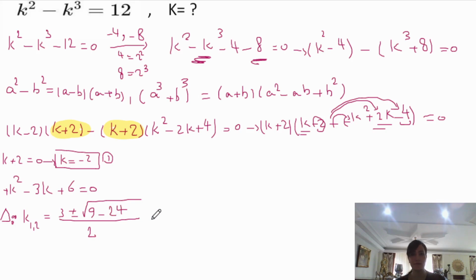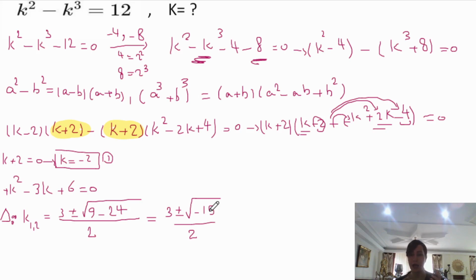Here, under the square root sign, I have 9 minus 24, which gives me negative 15. So I see I don't have real roots here. Let me write it again: 3 plus or minus the square root of negative 15 over 2. So I will go for the complex roots.